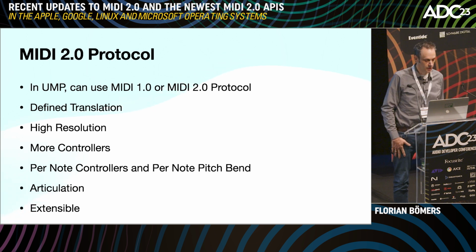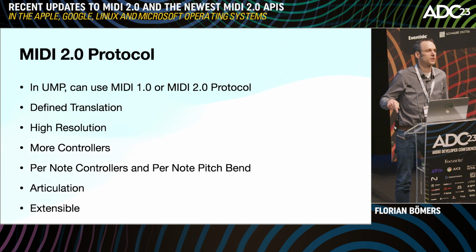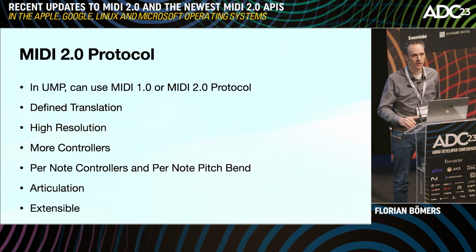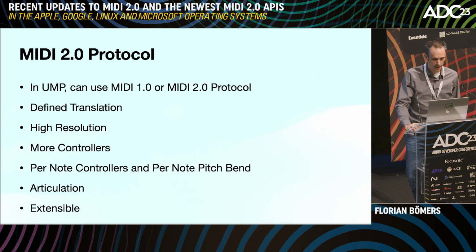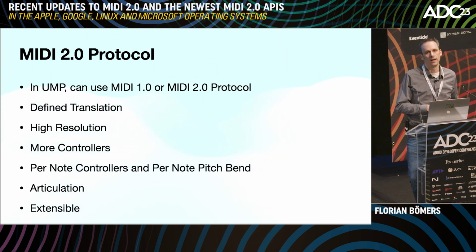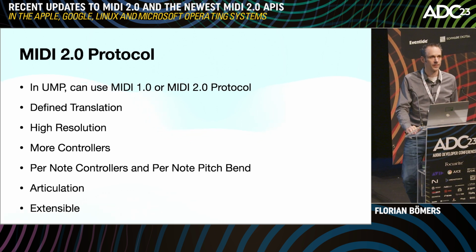You have note articulation, so when you hit a note, you can also specify how that note is hit. For example, for a string instrument, you can say this is now pizzicato, or it's a legato or a staccato note. And also one thing that is really different from the MIDI 1.0 protocol is that MIDI 2.0 is built from the ground up to be extensible. So we will probably see a lot of extensions in the future.